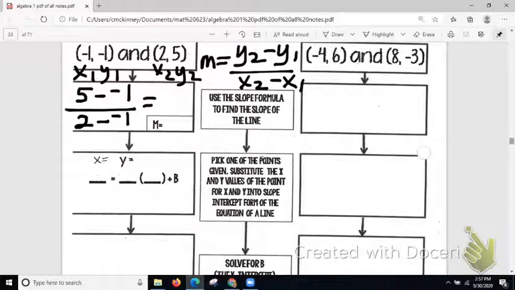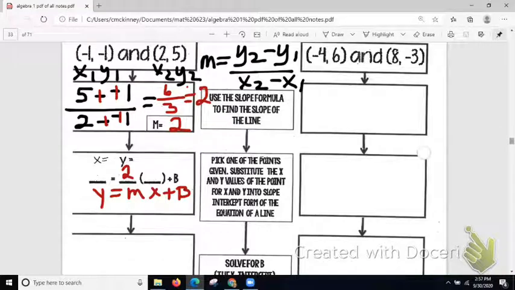So using my sign number rules, keep, change, change, that would make this a 6. Keep, change, change, that would make that a 3. Or if you just typed it in your calculator, you should get 6 over 3. When you divide 6 by 3, you get 2. So the m is 2.